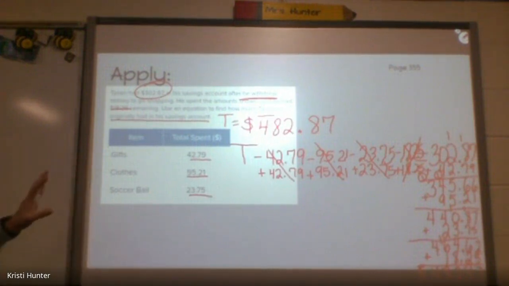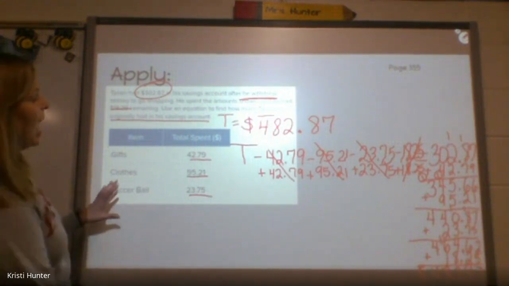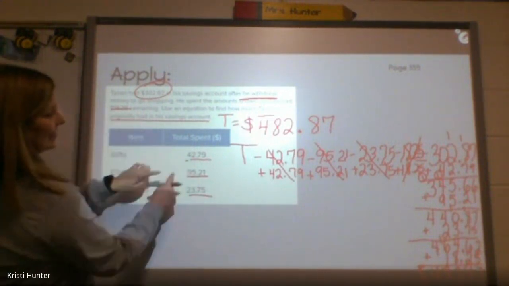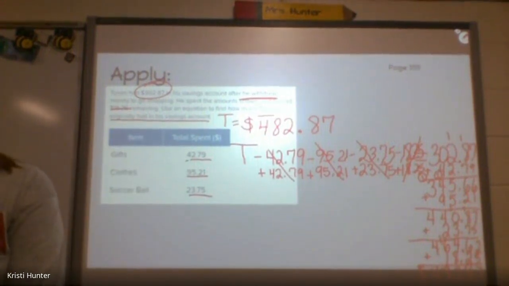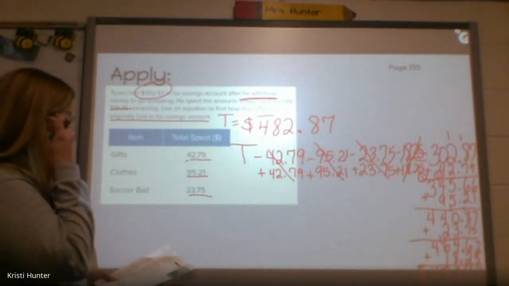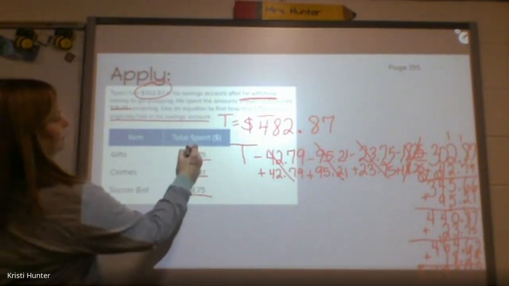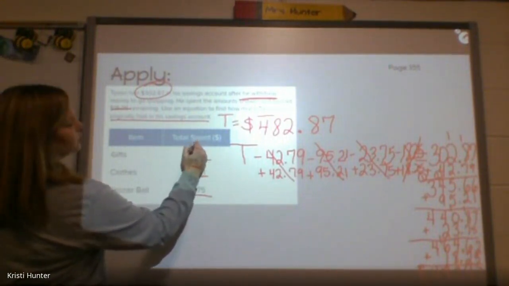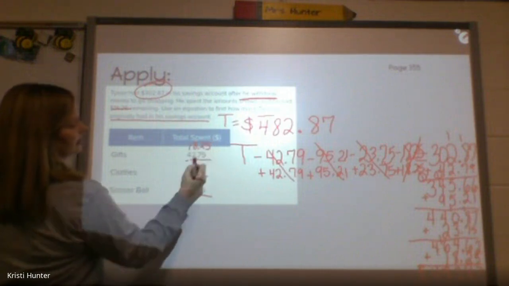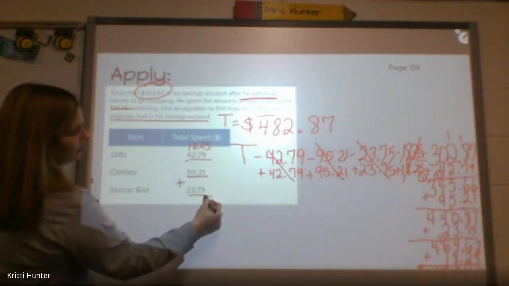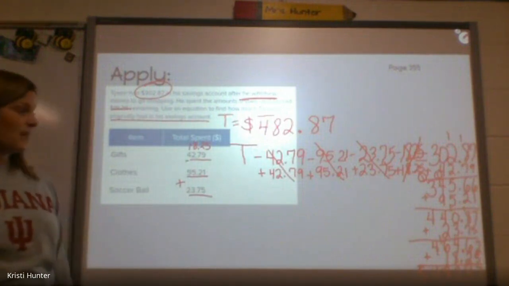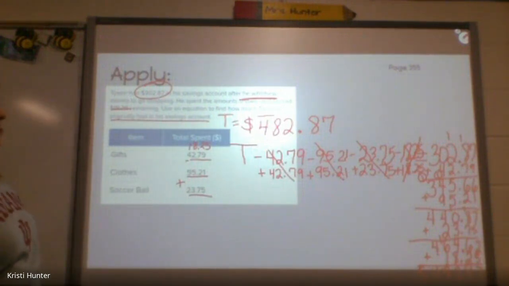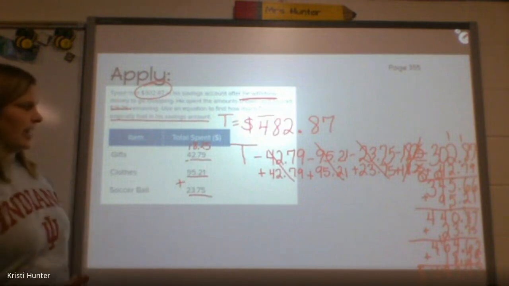So if you looked at it the second way and you said, I just would have put these values together that he added, again, that's an okay way to do it, because you would have added all these values up. So let me stick the 1825 in here. And when you added all of these values up, you could have found the total amount he spent.